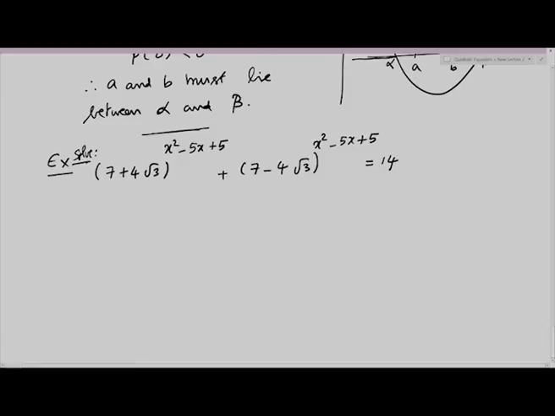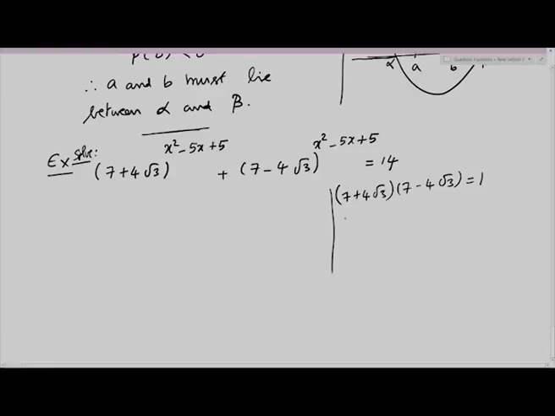And naturally we have to give some substitution, so that it reduces to a simple quadratic equation and we can solve it. Now, note certain things here. 7 plus 4 root 3 into 7 minus 4 root 3 is equal to 1.